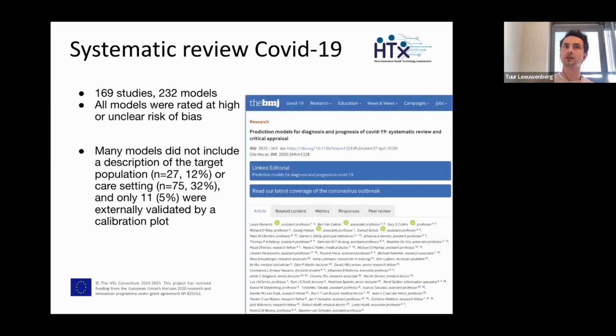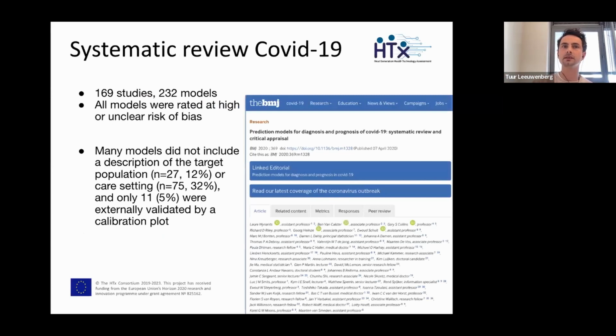This is just an example of a large systematic review that was performed during COVID, where they identified over 200 models, and they judged each of the models based on the study design for their perceived quality.